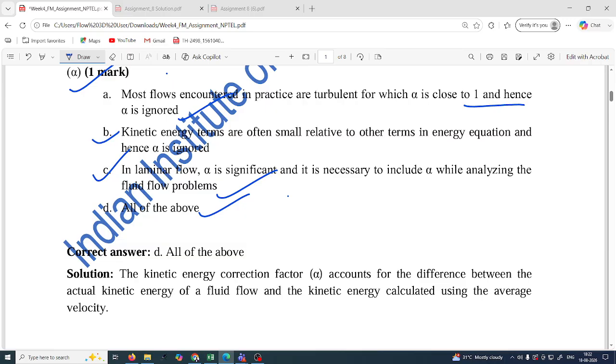So the kinetic energy correction factor accounts for the difference between the actual kinetic energy of a fluid flow and the kinetic energy calculated using the average velocity.